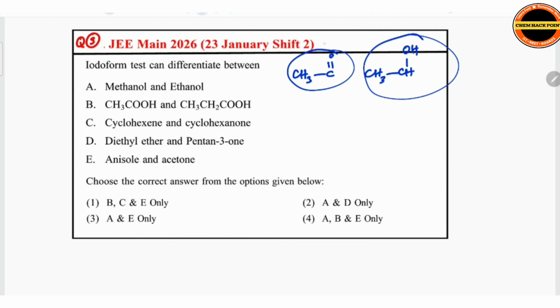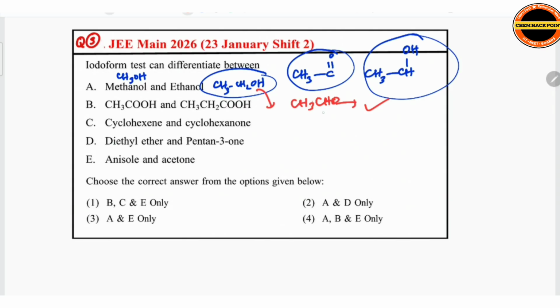So we need to search for such groups which will show iodoform test. So here methanol, so methanol is CH3OH. Ethanol it is C2H5OH or CH3CH2OH. But here there is exception. Ethanol, first it is converted into CH3CHO, then it will give Fehling's test.